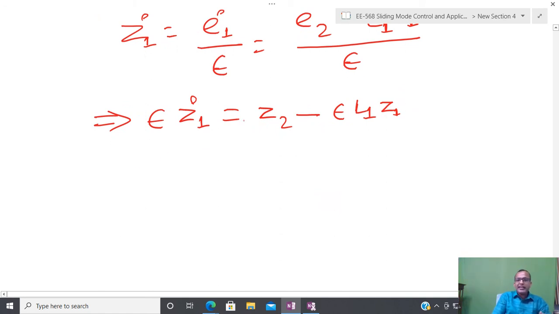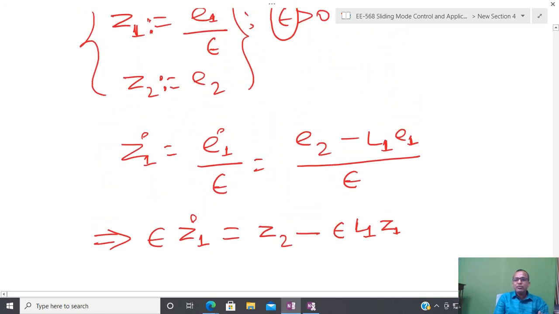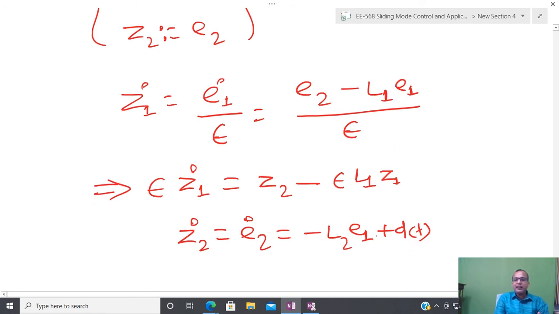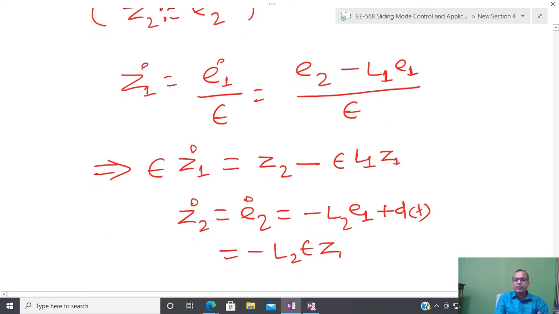Now try to see the second dynamics. Z2 is equal to E2, so Z2 dot is nothing but E2 dot, and E2 dot is minus L2 into E1 plus dt. I know E1 is epsilon into Z1, so I substitute that: minus L2 epsilon into Z1 plus dt.